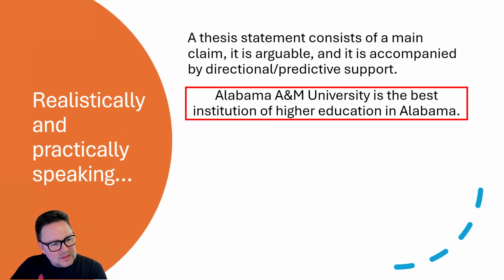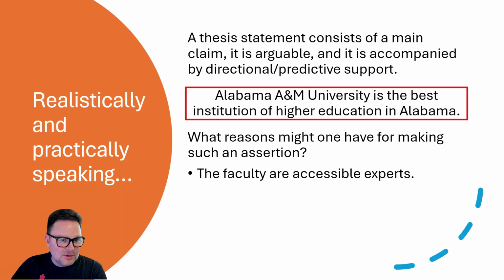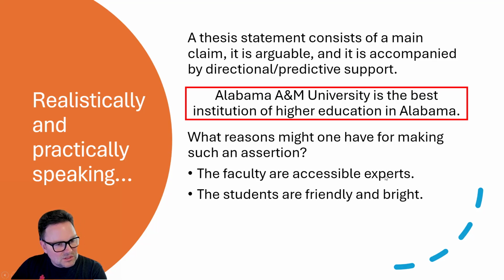And, you know, this isn't some kind of scientific experiment where we have to be correct. We're offering our stance, our position, and maybe we say, well, I think it's the best because the faculty are accessible experts. That's certainly a good reason for someone to think it's the best school.